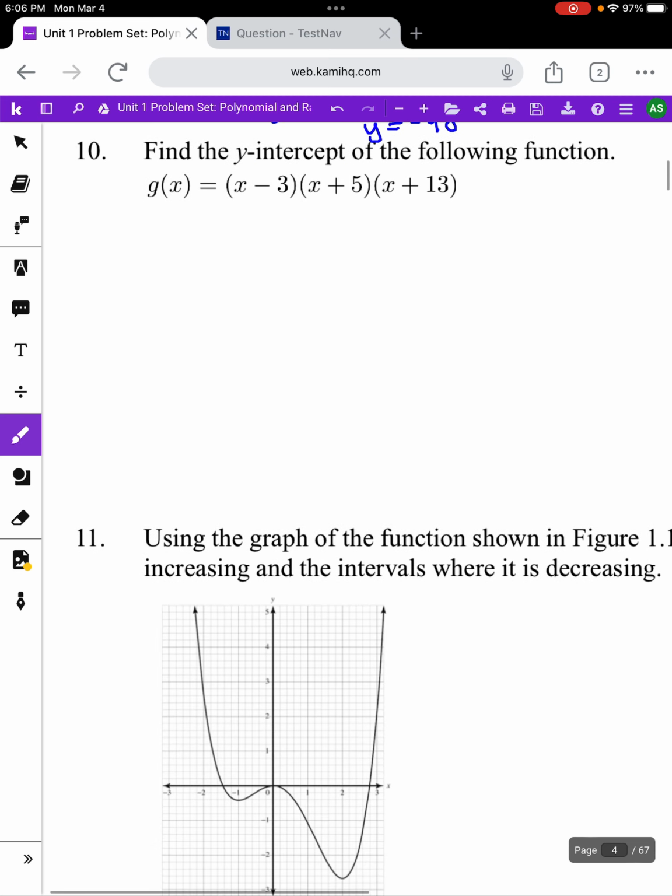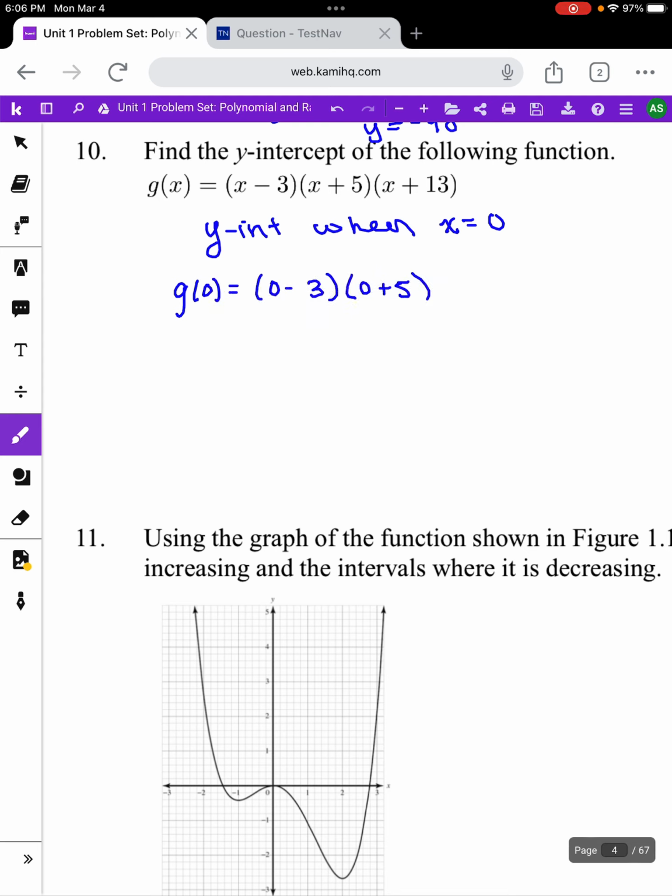Find the y-intercept of the following function. Okay, so the y-intercept happens when x is 0, right? When x equals 0. So instead of multiplying this out, which you could totally do and then take the last number, which is going to be longer, instead I'm going to find g of 0. So I'm going to do 0 minus 3, 0 plus 5, 0 plus 13.